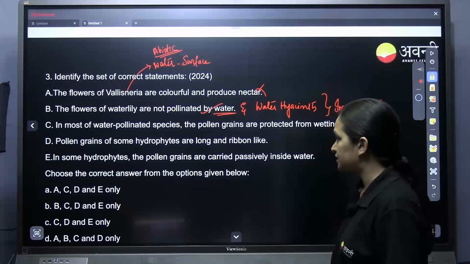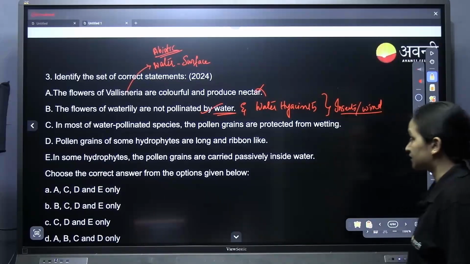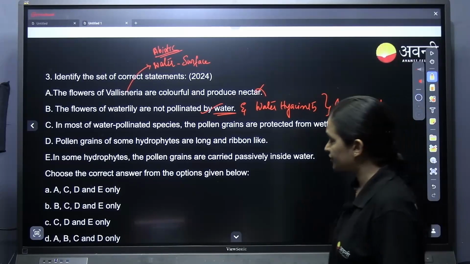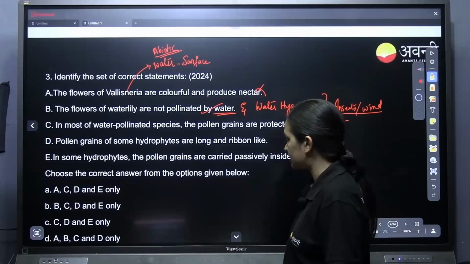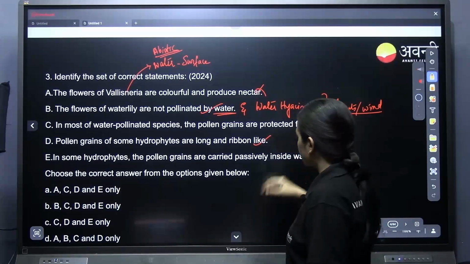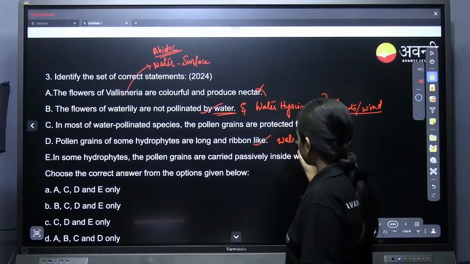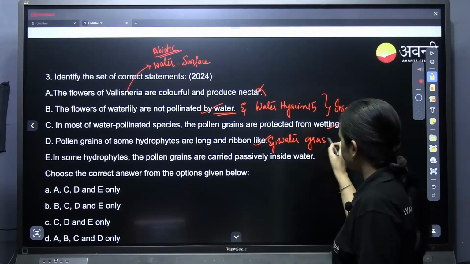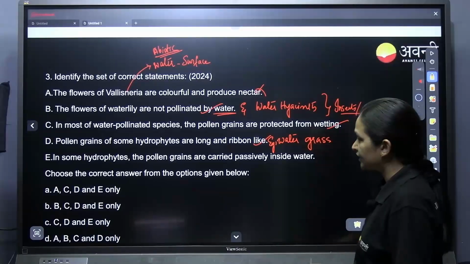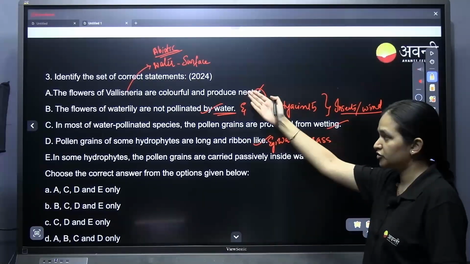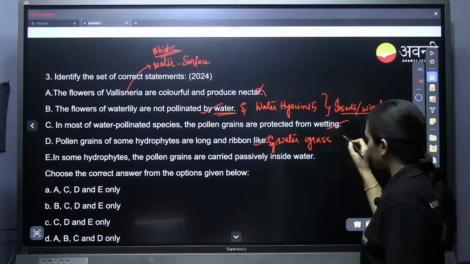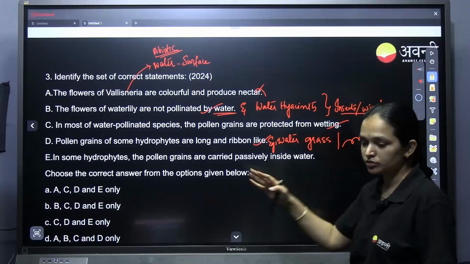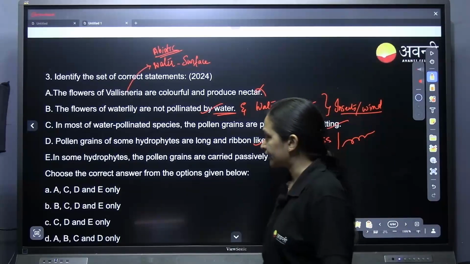In most of the water pollinated species, the pollen grains are protected from wetting. Definitely true. Pollen grains of some hydrophytes are long and ribbon like. Yes, for example water grass. Definitely, because pollination is not taking place on the surface, it is underwater, so they need to be ribbon shaped to be carried away with the water currents.